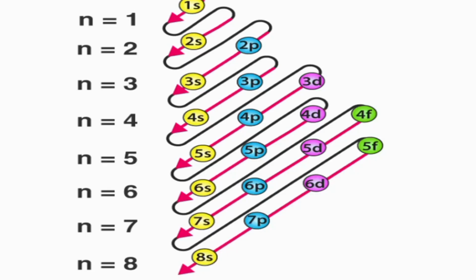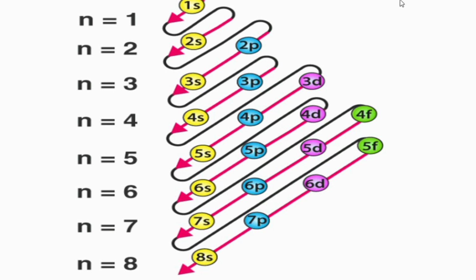So having gone through the various rules or principles governing electron configuration, we learn about Aufbau's principle, which says that orbitals of lower energy are first filled fully before those of higher energy. This diagram here is a summary of what Aufbau was trying to say.